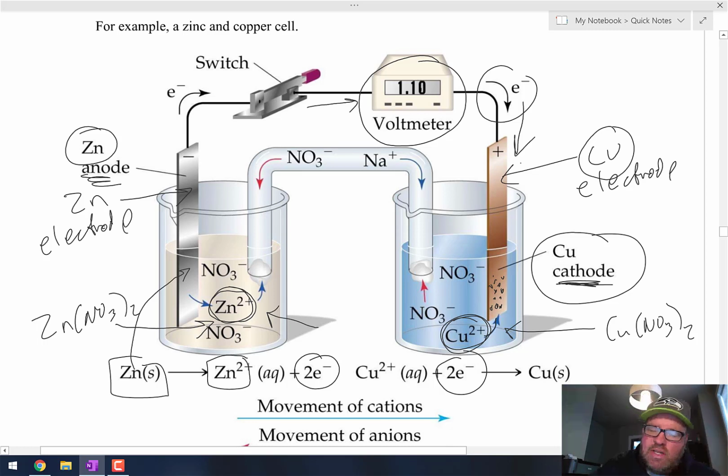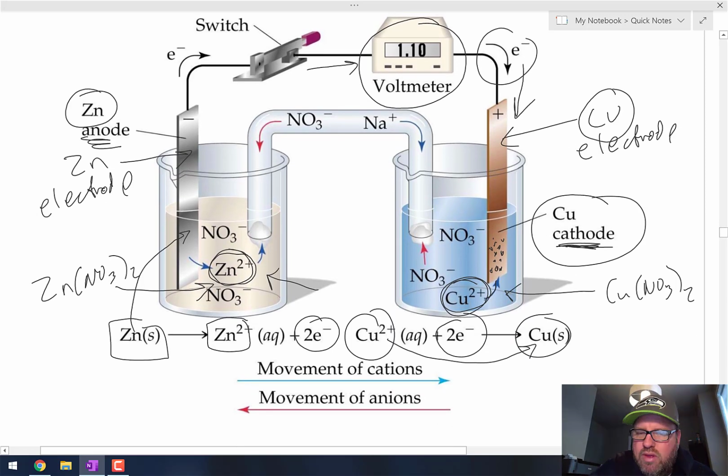These copper ions are turning into solid copper and creating an electrode that is now growing in its mass. So the mass of the cathode is increasing.